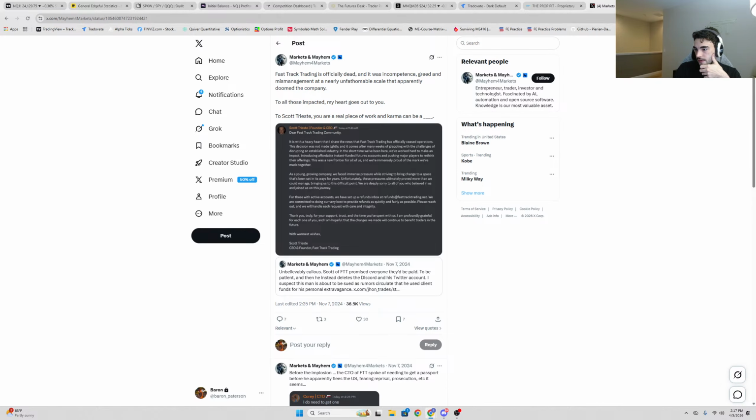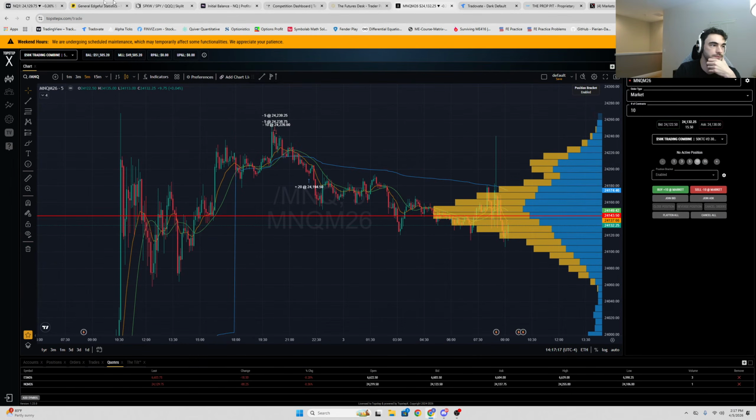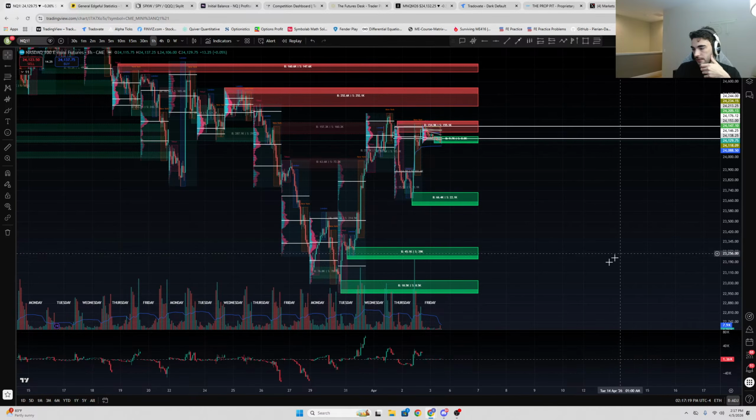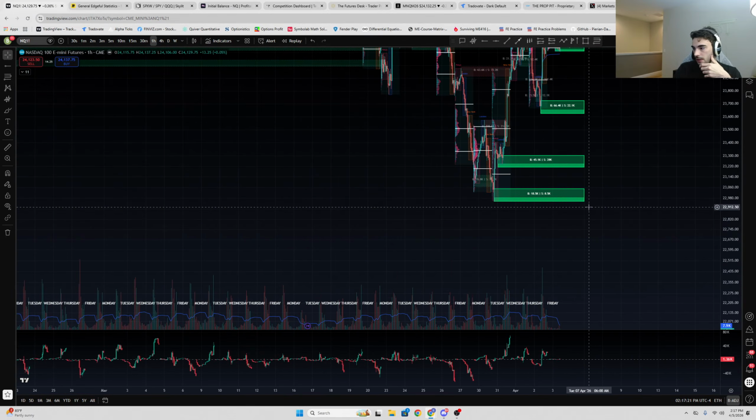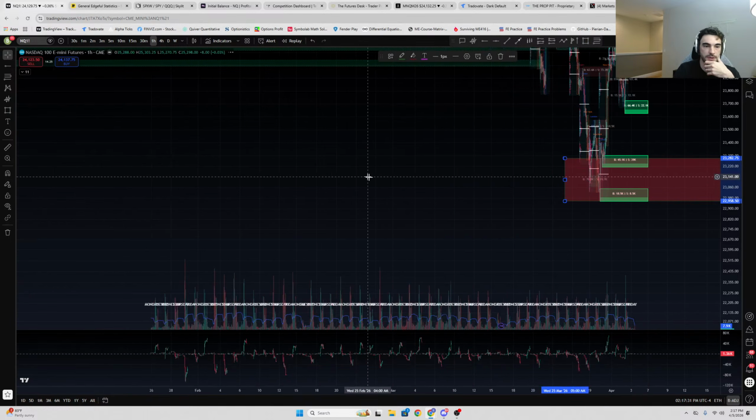So if I look at this, I had down to 22,960 marked out as support, 22,960. So I had this area marked as support.